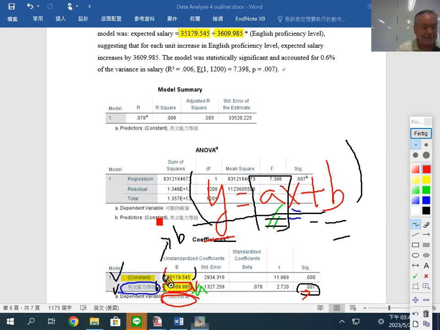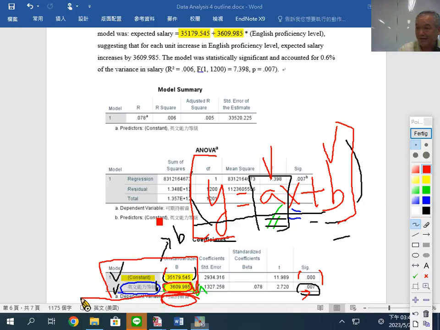And how about the constant, the B constant? We have found out the 35179 and the significant level is 0. Wow, it's good too, right? So this is good, and this is also good, which means that this equation is good too. So we can use it. But remember, although we can always produce something like this, not necessarily these two p-values are significant.